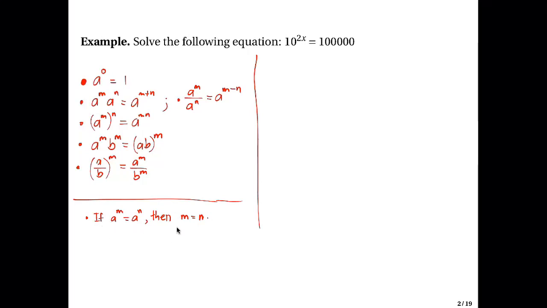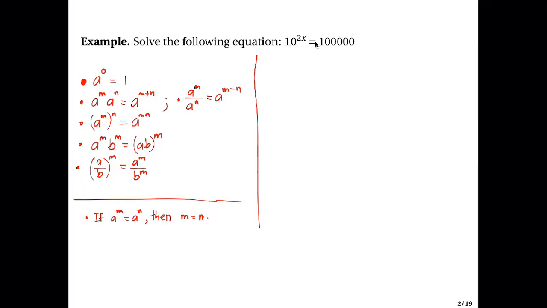And this particular property we are going to use in order to solve this equation. Now, first tip. If you have exponential expressions on one side of the equation, you look at the base of your power or your exponential expression. So for example, here you have base 10.